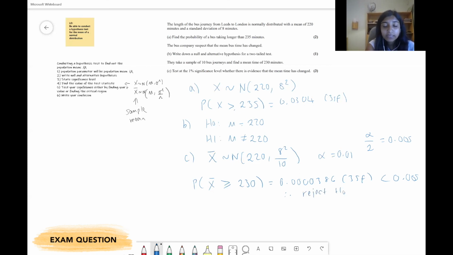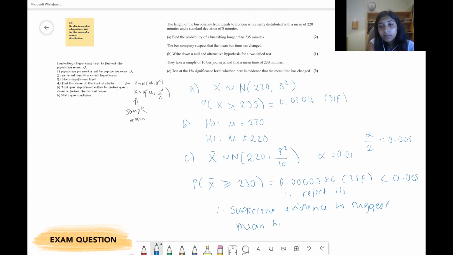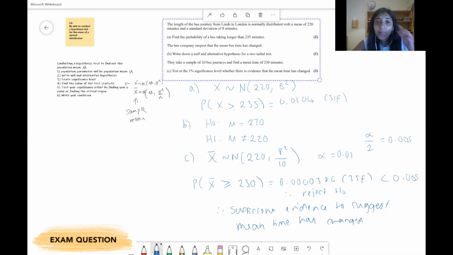So you therefore say there is sufficient evidence to suggest the mean time has changed. So that's the answer to this question.